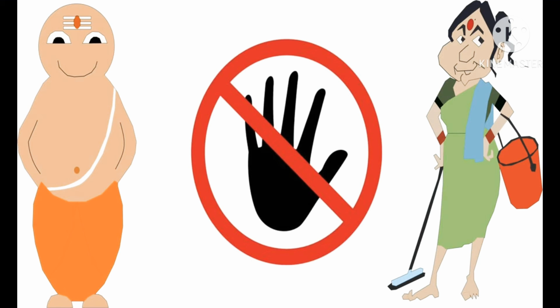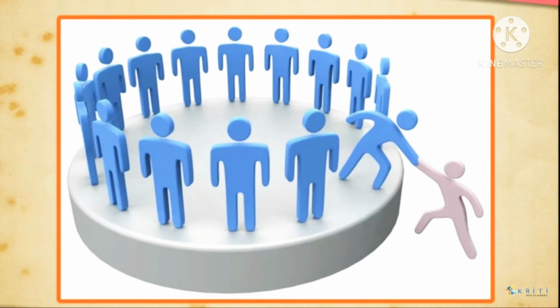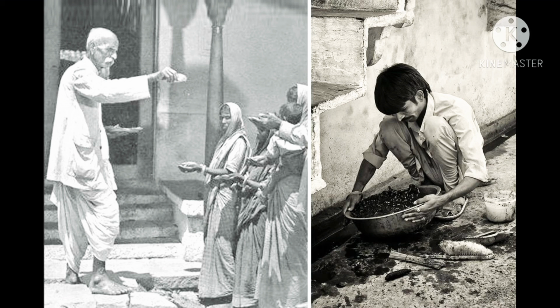According to this provision, an untouchable can go to any public place and maintain his work or his business there. Any untouchable has the right to education and can go to any educational institute of the country. But before that, what used to happen?